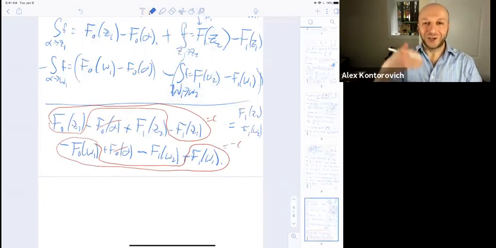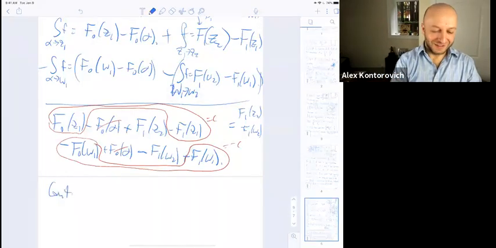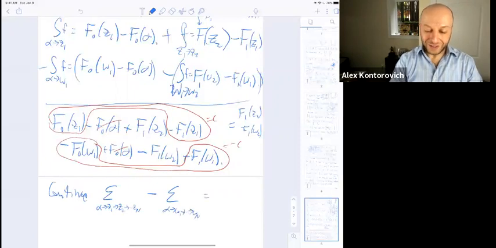And now you continue by induction. The partial sums from alpha to z1 to z2 up to zn, minus the sums from alpha to w1 up to wn, will be the last Fn at z(n+1) minus the last Fn at w(n+1).